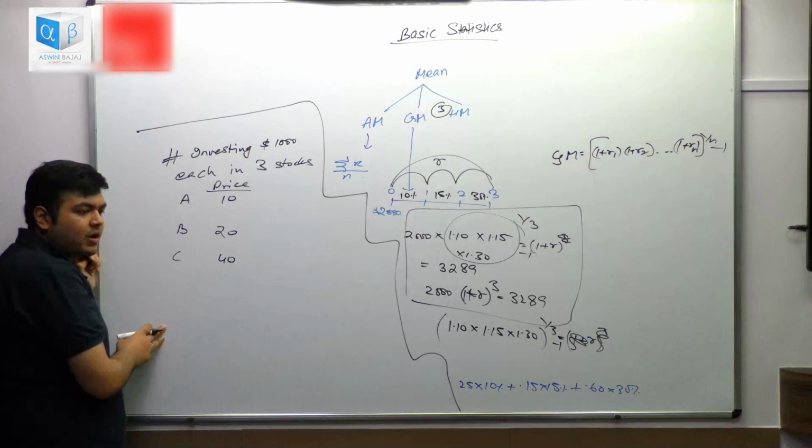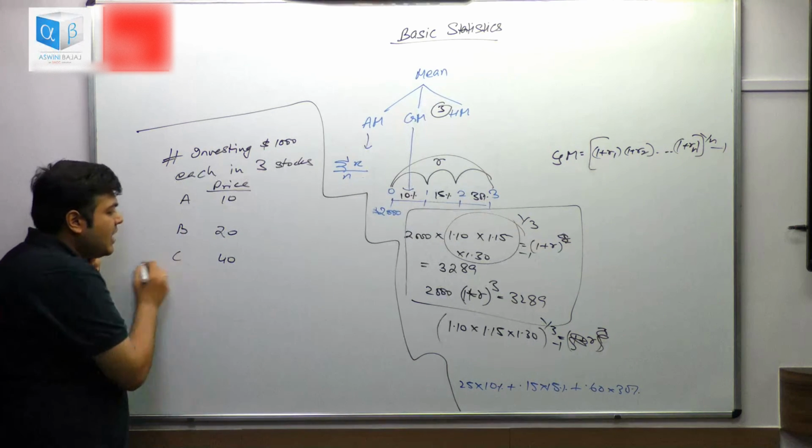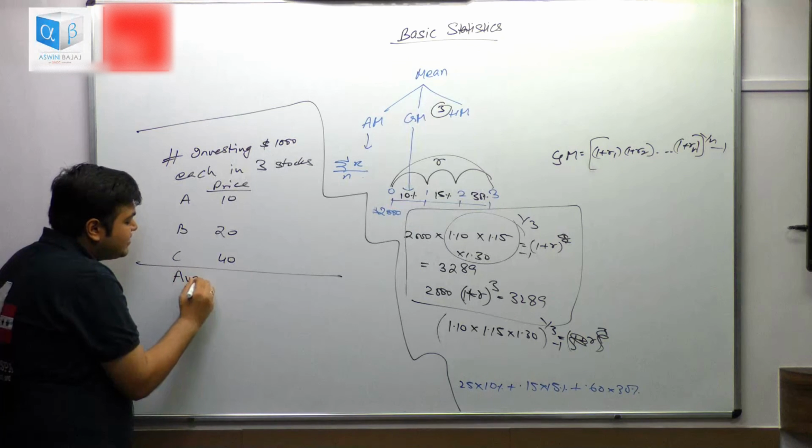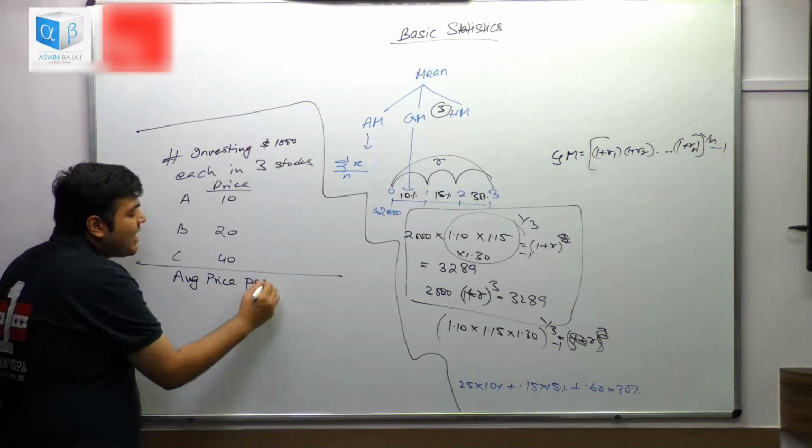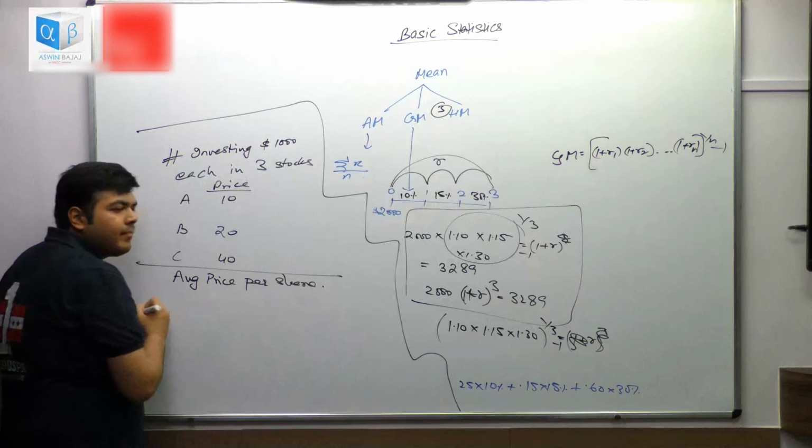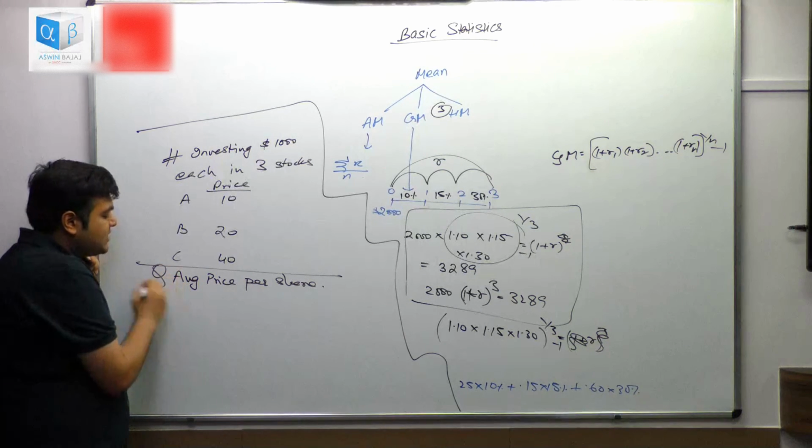Let's say 10, 20 and 40. These are the prices of stock A and B and C. I want to know what is the average price per share that I have invested. That is my question. Average price per share.